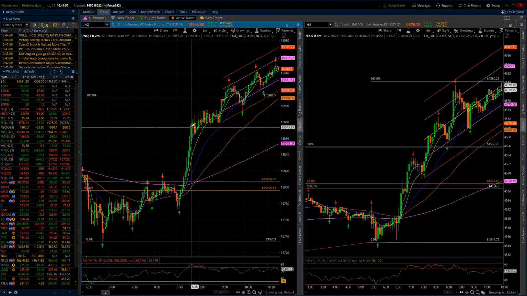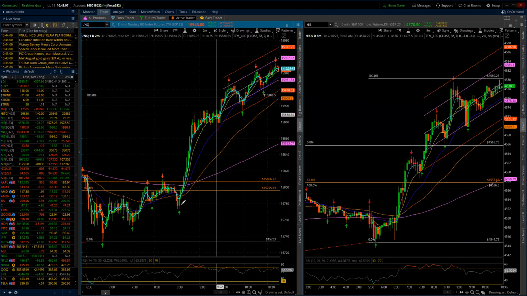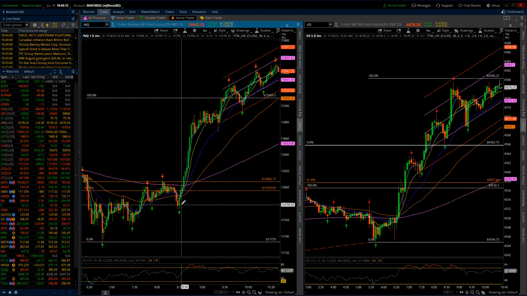Let's remember the NASDAQ trades in quarters. So it trades, for example, 15,900, 15,925, 50 cents, 75 cents, and then the dollar. Now these moves, it's 20 US dollars per dollar move in the index.